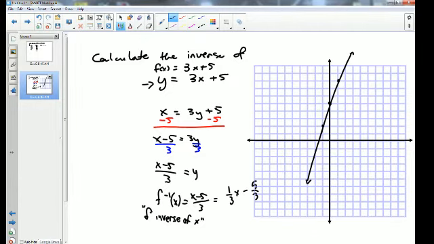And let's graph that one. 5/3, somewhere in that neighborhood, and up 1/3. That's not perfect, but it'll do.